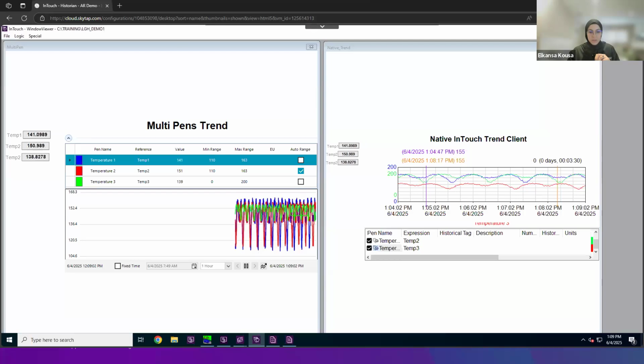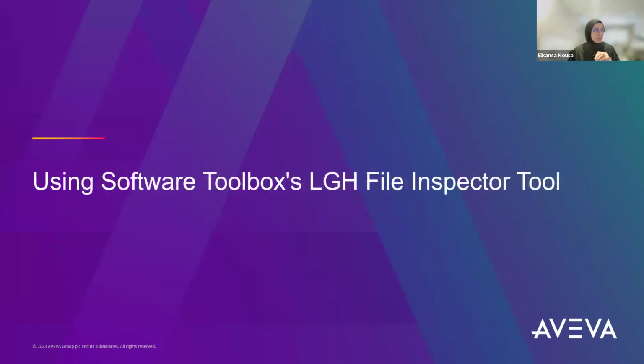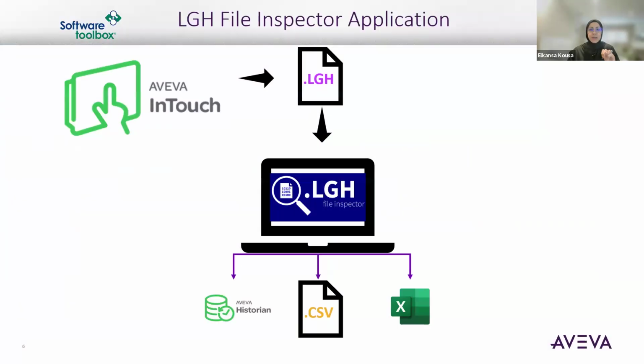The next tool that I want to talk about is actually a third-party tool, which is the Software Toolbox's LGH File Inspector tool. I have a few slides here where it just explains the concept of this tool. It's a very easy to use, very easy to install tool, and it's not that expensive also.